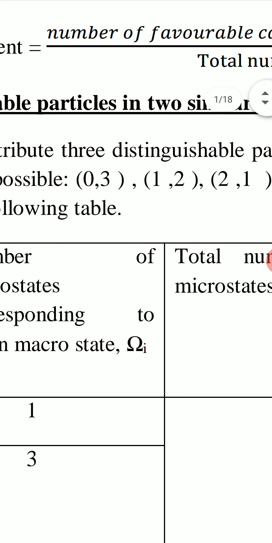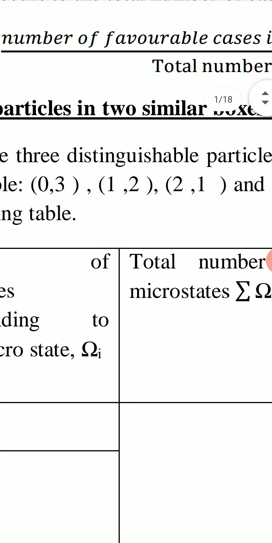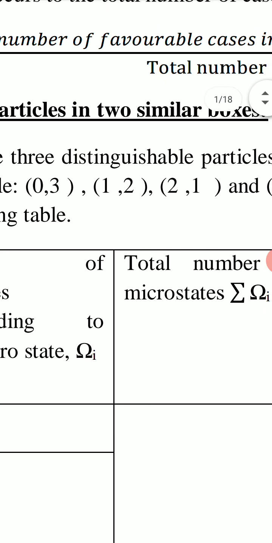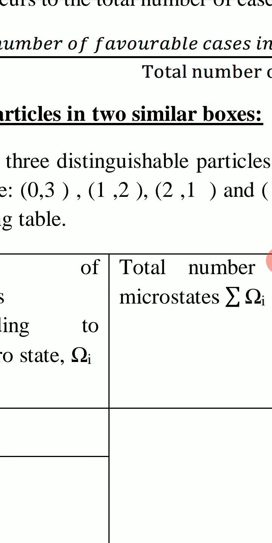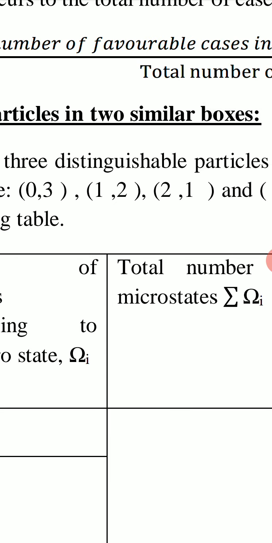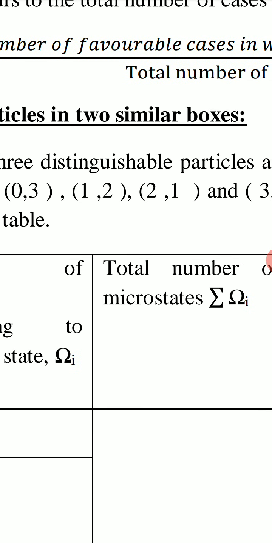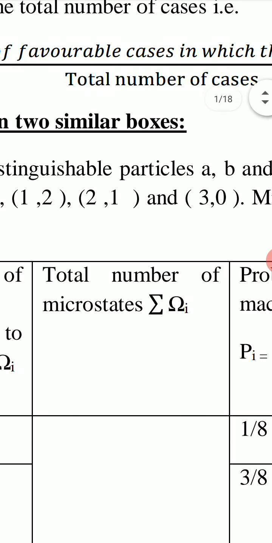0, 3 means number of particles in first box is 0 and number of particles in second box is 3. And now we increase this number of particles in first box. After 0, we write 1, 2 and 3. And number of particles in second box are reduced: 3, 2, 1 and 0.